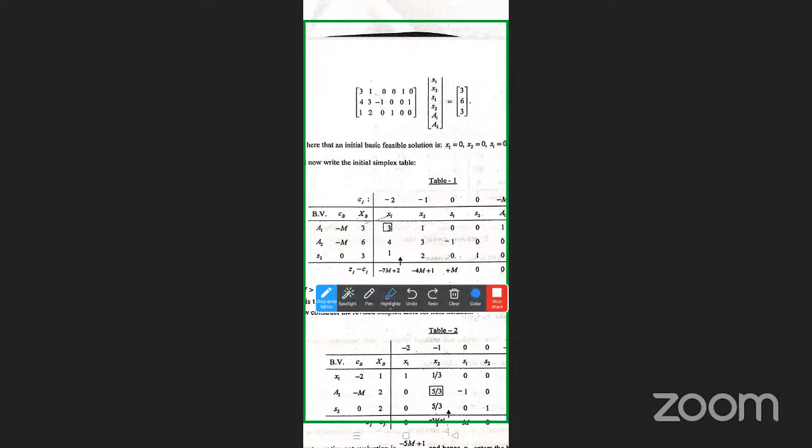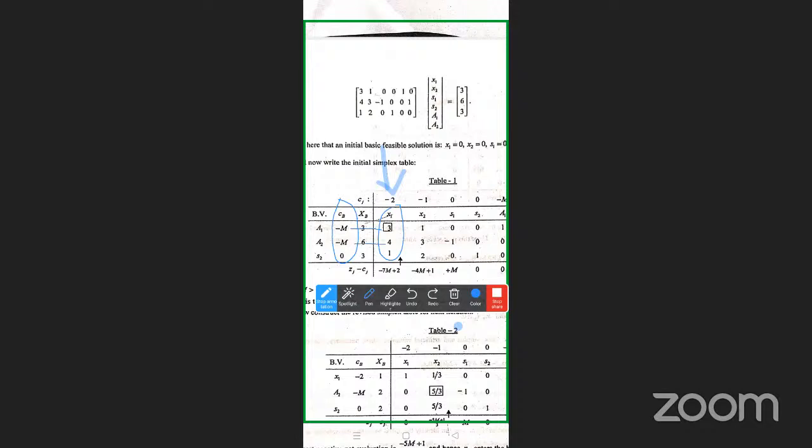First one. So multiply CB into X1. So this is CB, and XJ is nothing but X1. So minus M into 3, minus 3M, minus M into 4, minus 4M.